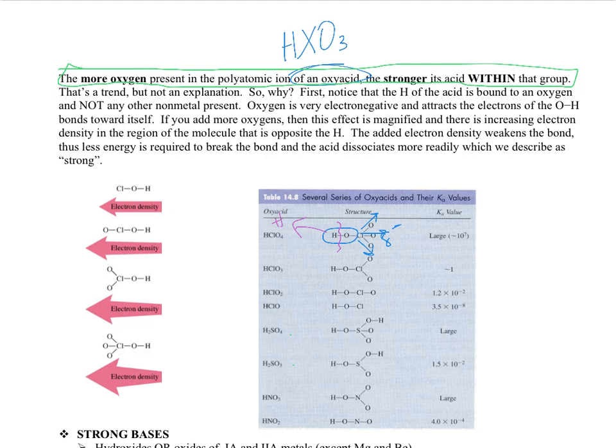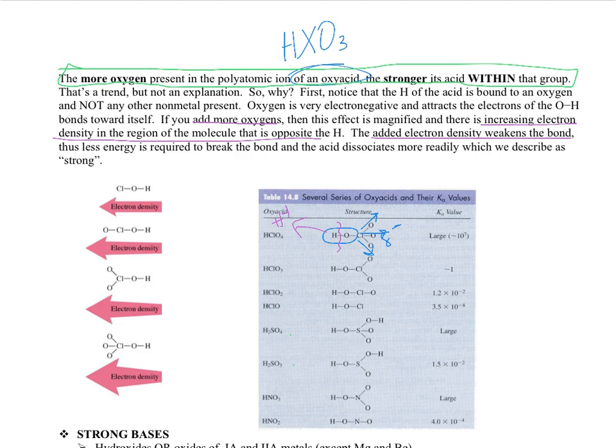It makes it a lot easier because you're pulling the electron density away, which weakens that bond between the hydrogen on the other side. So that added electron density weakens the bond. More oxygens means more electron density. If you add more oxygens, you're increasing the density in the region that's opposite.